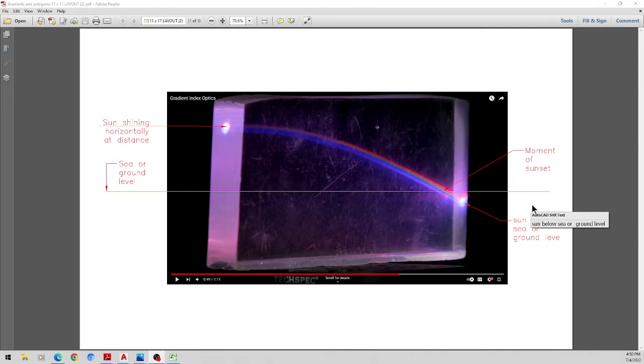Now, there's some other things to point out about what we're seeing here. The separation of light into different colors, which the highest band is red. And at sunrise or sunset, the first thing we view, or the last thing we view, depending on if it's rise or set, is red hues.